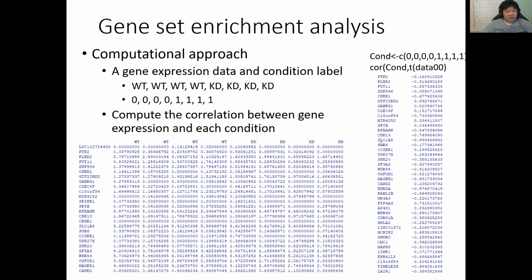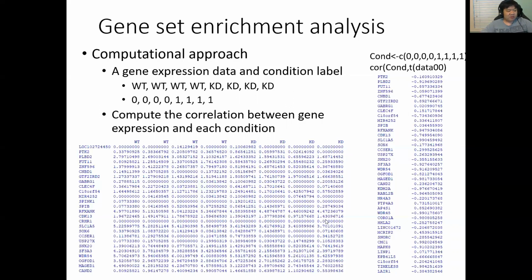For example, this gene, SLC1A5, shows a very strong negative correlation with the condition. Let's see, is this in the top? Yes, here we go. You see, in the wild type group, all four samples have an expression level of about 5, and in the knockdown group, it's all about 3 point something.